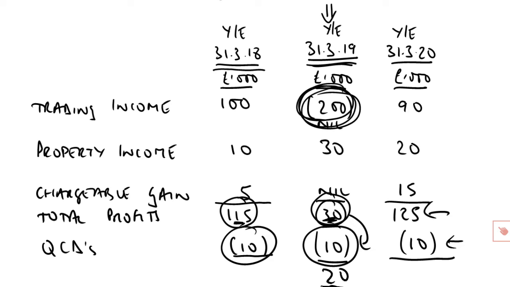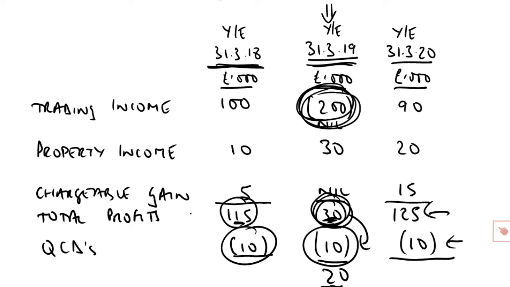It would have been £20,000 as the TTP. We've had to use £30,000 of loss, of course, to take out all of the total profit, but it would have saved us paying tax on £20,000 of TTP. That tax saving will be immediately achieved, and of course you'll get a repayment of the tax paid in relation to the previous year, the year ended March 18 there.